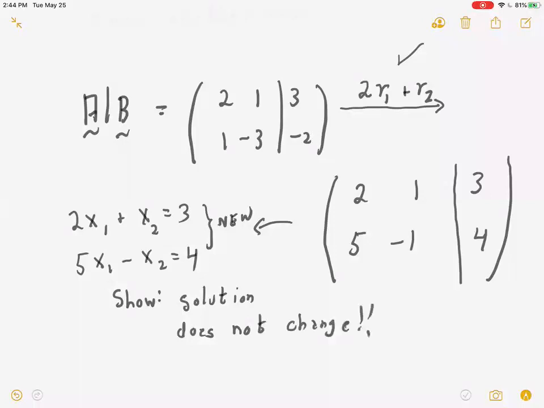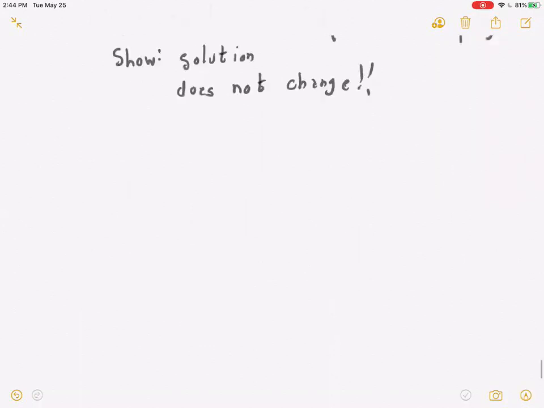Okay, so you're going to get more familiarity using these elementary row operations and a new approach to solving systems of linear equations. And that new approach is the Gauss-Jordan elimination method.